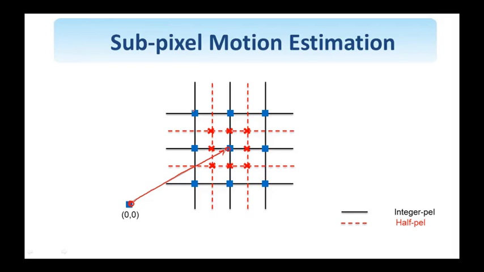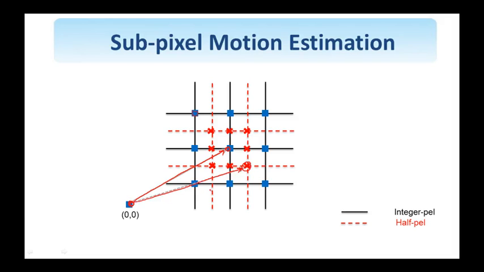The intensity value is known only at these square locations, and therefore in performing block matching at these half-PEL locations, the intensity values of the two images, both at the reference and the current frame, need to be interpolated. And one can use bilinear interpolation or any interpolating kernel to find these non-existing values. So after interpolation, if the minimum is found at this point, then this is now the half-PEL accurate motion vector.